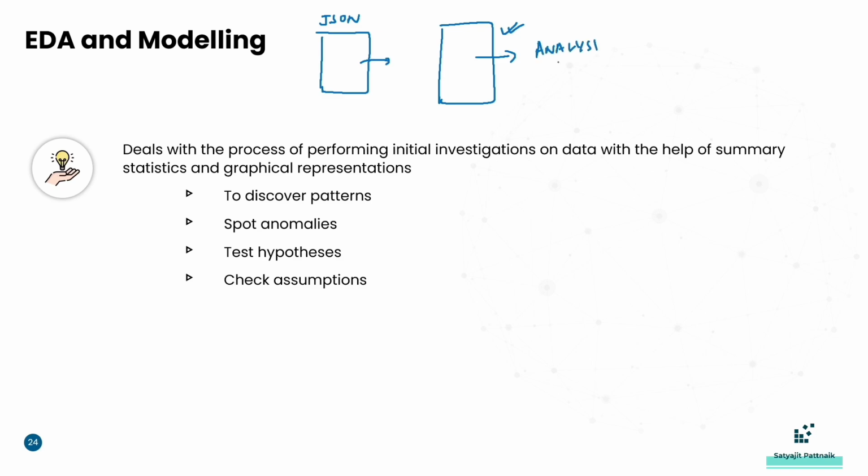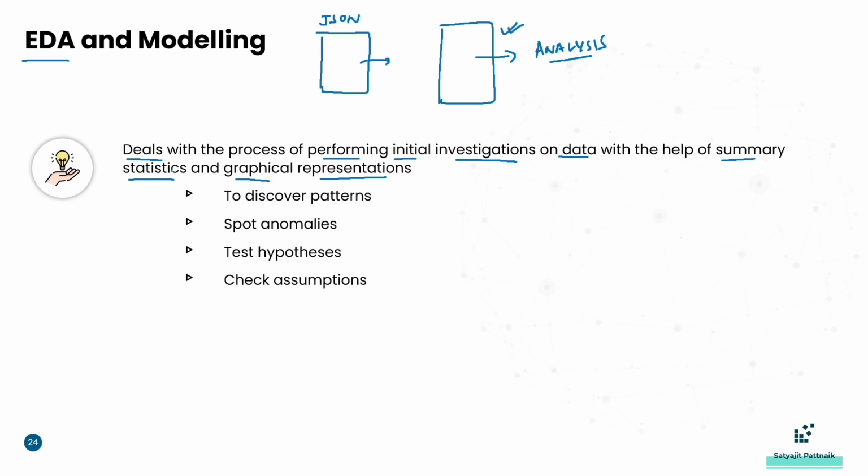Now, EDA is analysis. EDA is nothing but exploratory data analysis. That means if you have data and a particular use case, you can probably take the next steps in analyzing the data. So simply, EDA deals with the process of performing initial investigations on data with the help of summary statistics and graphical representation.